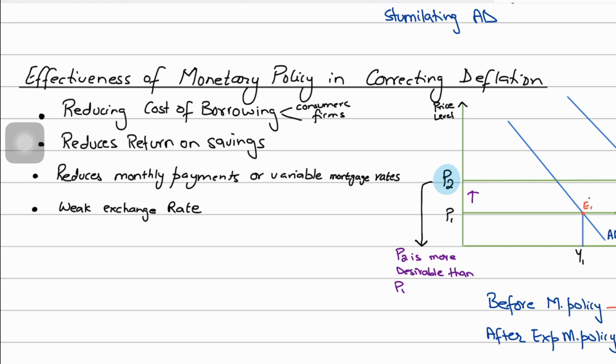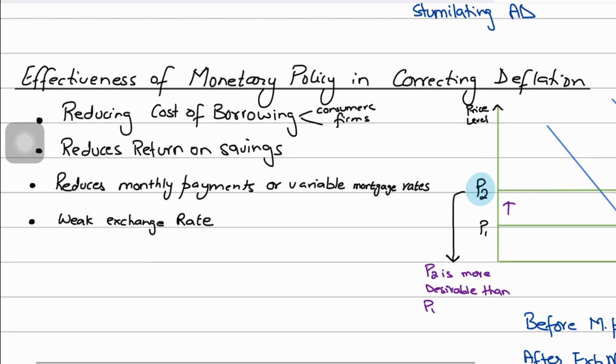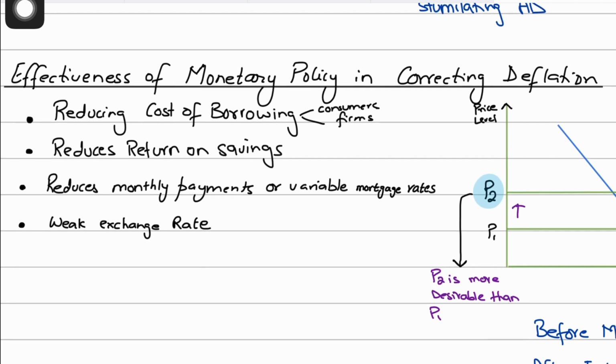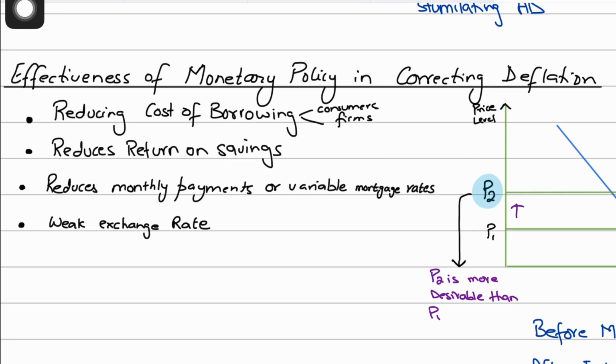What you'll say is that because of a fall in interest rates in the economy, the cost of borrowing goes down. When the cost of borrowing goes down, it becomes cheaper for consumers to borrow, which reduces the opportunity cost of borrowing, because interest rate is basically an opportunity cost for borrowing money.